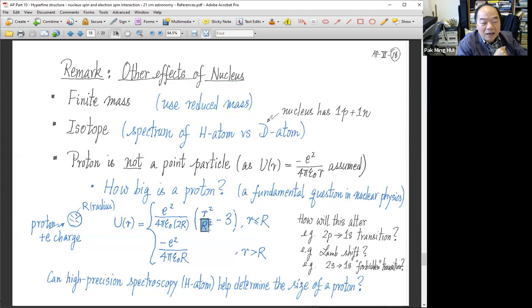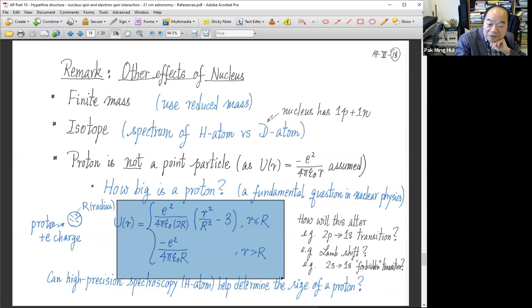Okay, now you can look into the papers or literature, and you will find very high precision spectroscopy on the hydrogen atom aiming at determining this radius. And let me tell you, this problem can be done using perturbation theory.